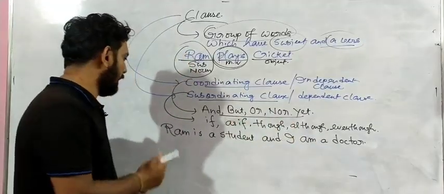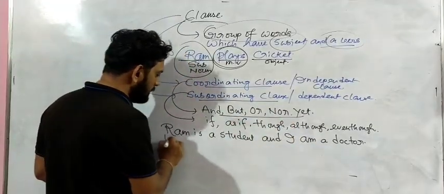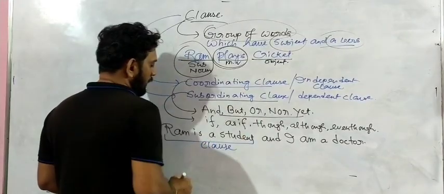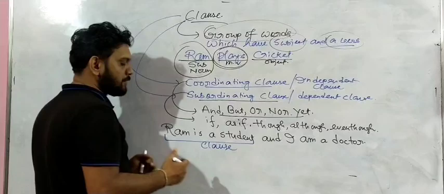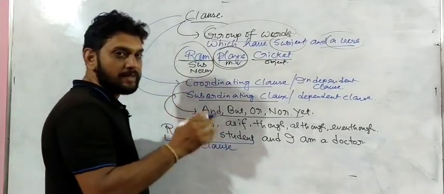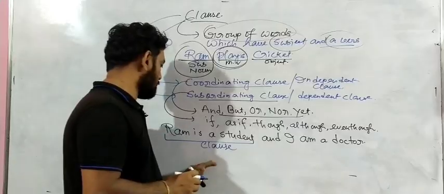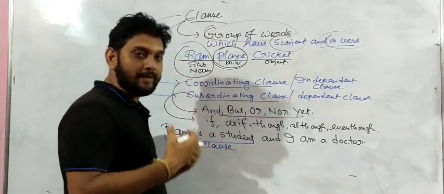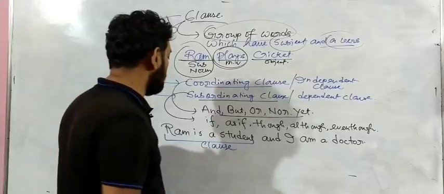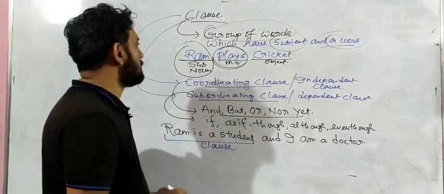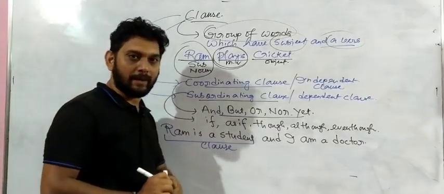Now have you seen, Ram is a student is a clause. It also expresses its own meaning. Yes or no? Ram is a student. It expresses the complete meaning of this clause, of this sentence. And what I said, the clause is a group of words which has a subject and a verb.